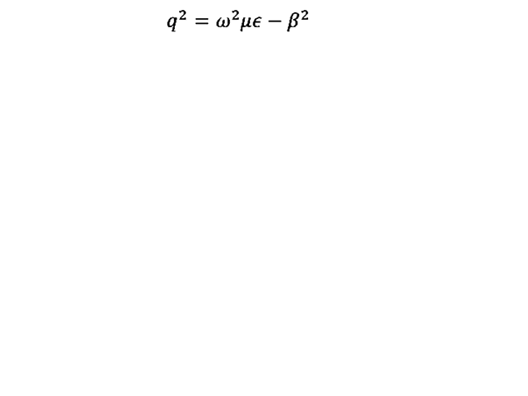If you remember, we solved the equation for the field that exists inside the fiber core, and there we put one substitution, that q square is equal to omega square mu epsilon minus beta square.